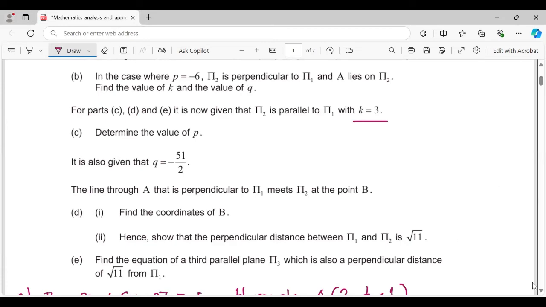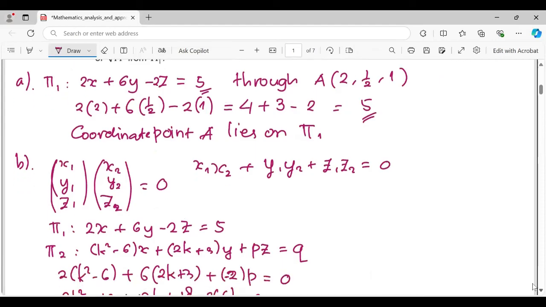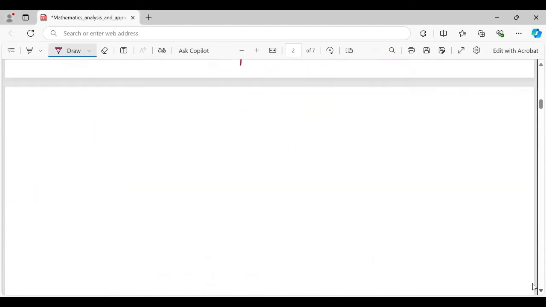Determine the value of p. Let's see. Plane pi 2 parallel to pi 1 with k equals 3.